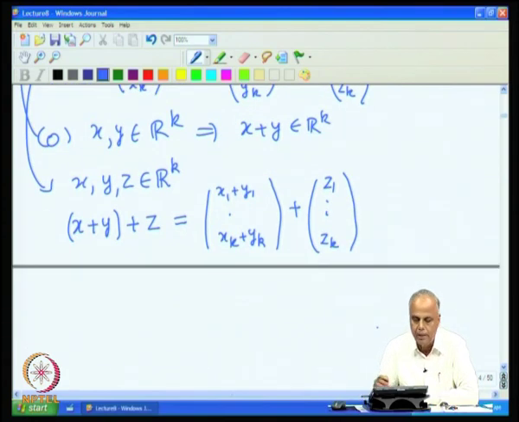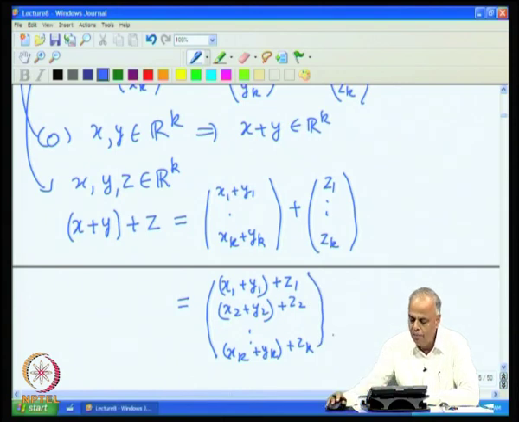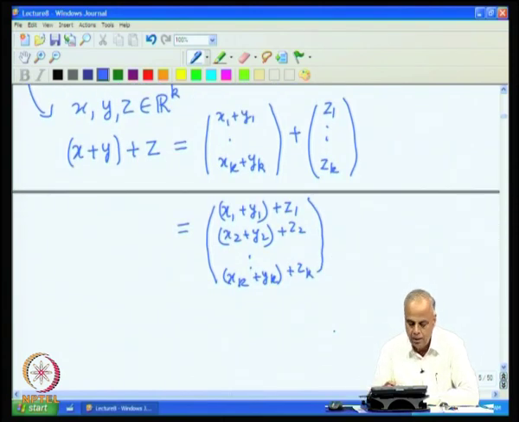Now, again on the right hand side we are adding two elements in R k. So, the usual addition definition given above says that this is equal to x 1 plus y 1 plus z 1, x 2 plus y 2 plus z 2, and so on, x k plus y k plus z k. Now, if you look at each entry, they are all additions of real numbers.